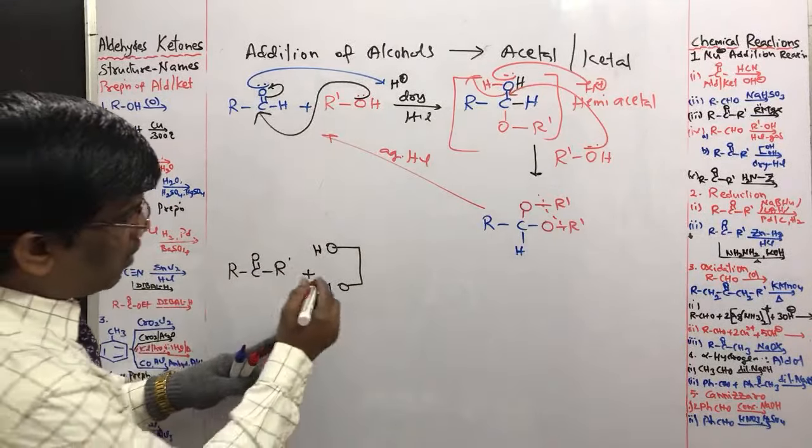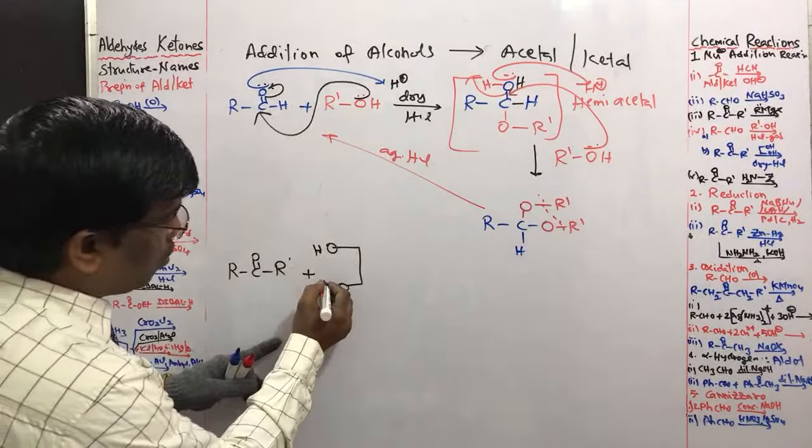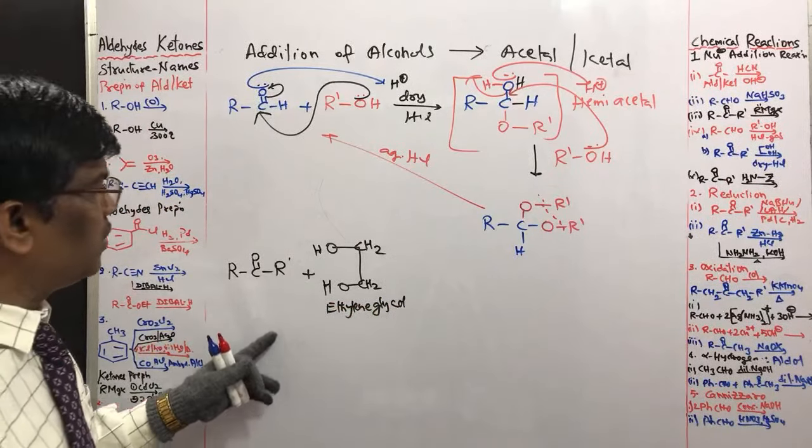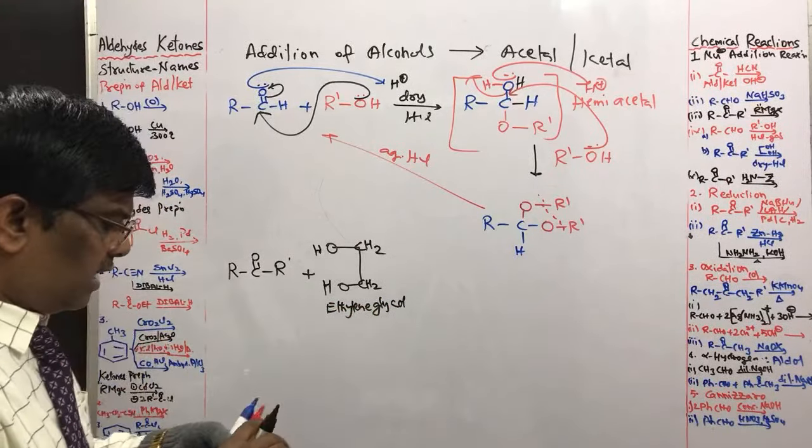So one molecule, 2 moles, 2 sides. Alcohols, two OH groups are there. I can write like this: CH2, CH2OH. Right? So ethylene glycol. It is very important, students. It will be learned during protection and deprotection reactions.